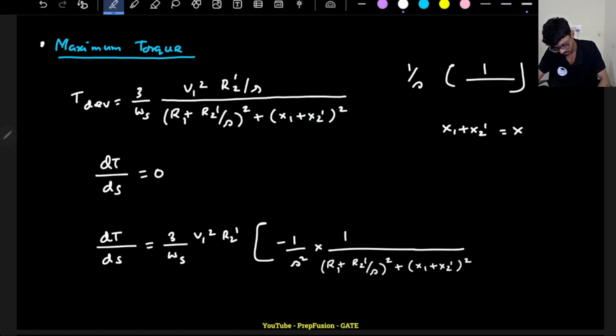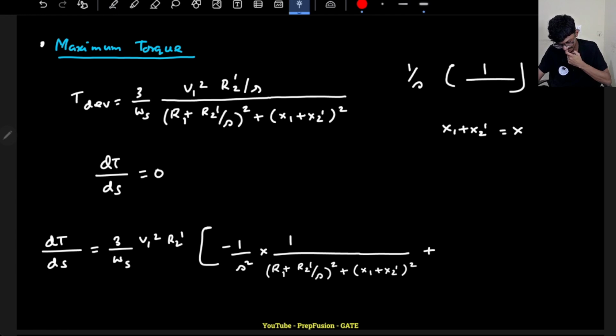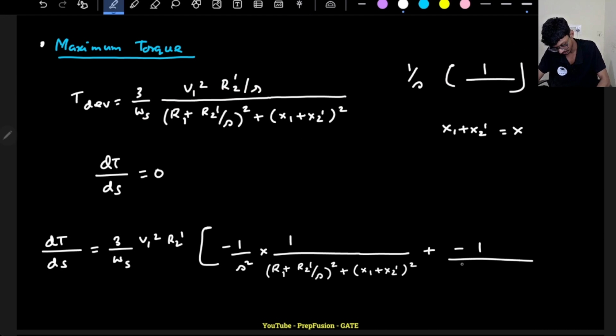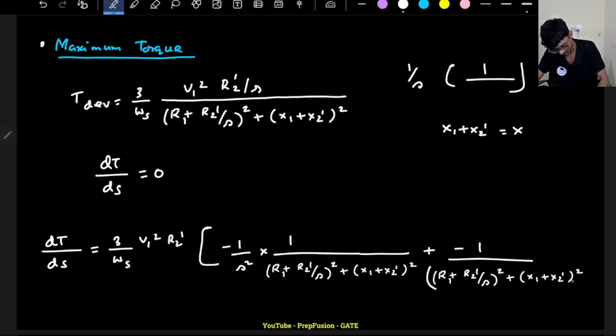Then plus, I will now differentiate the other one. It's simply minus of the numerator whole square, multiplied by the differentiation of the inside function.